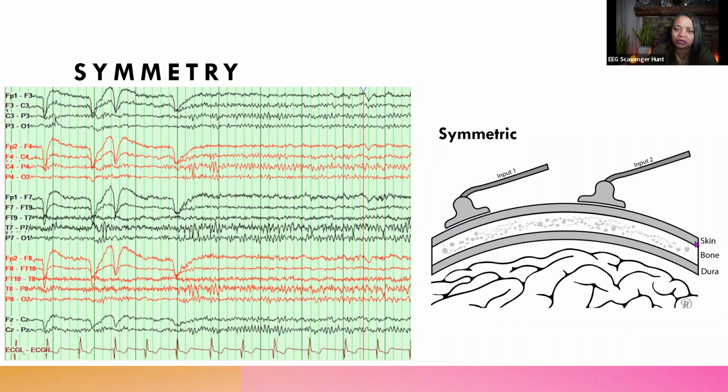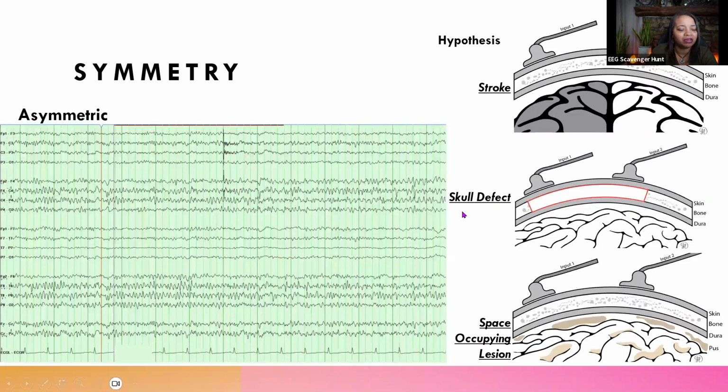You are recording through several layers: skin, bone, dura, and then finally you get down to the brain. So if your electrodes have the same level of insulation on one side as compared to the other side, it's likely that your amplitude is going to be comparable and symmetric if there's no pathology going on.